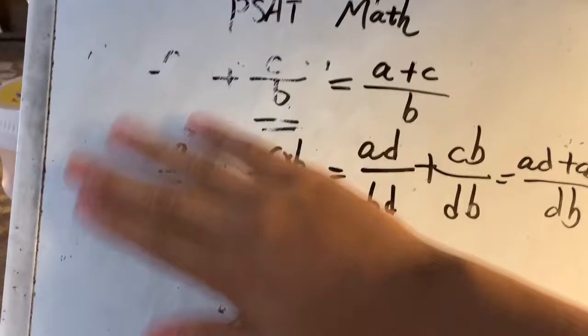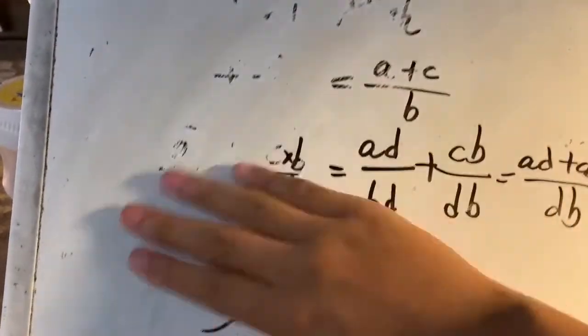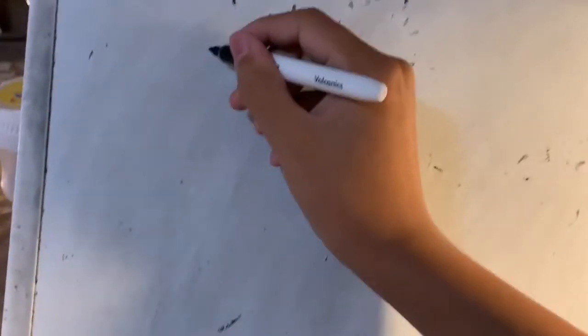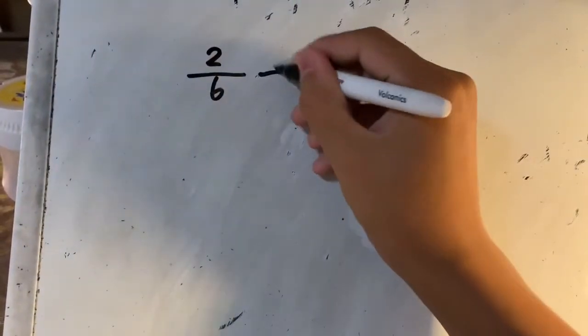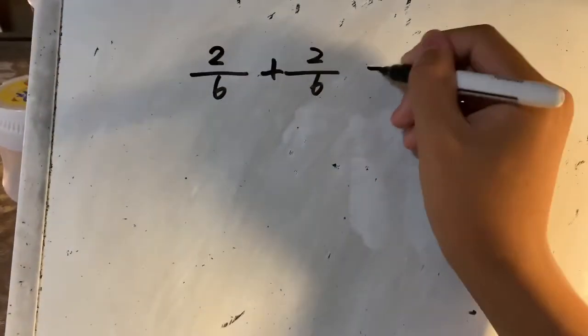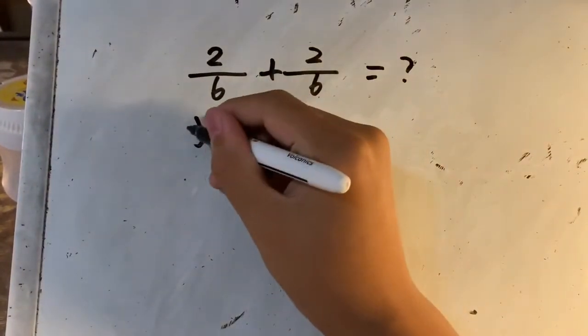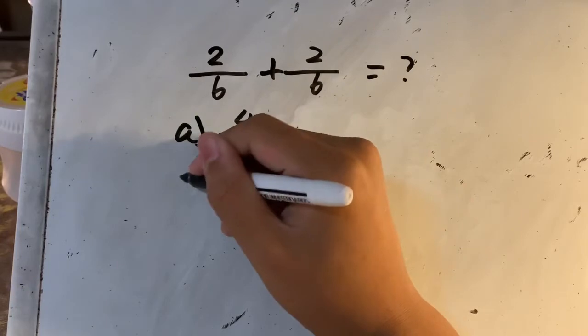So let's make an example of what the lowest term is. Now we have three choices.